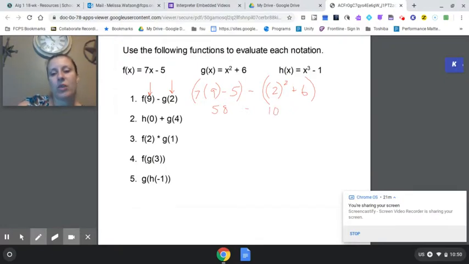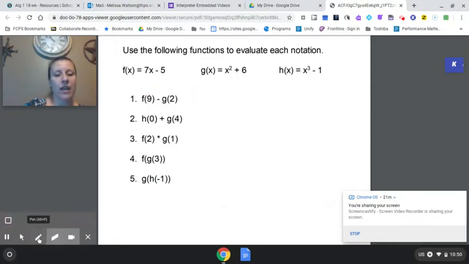We're subtracting those two values, so 58 minus 10 gives me 48 for number 1. I'm going to go ahead and erase these as we go through the different problems, since there's not a whole lot of room there. So taking a look at number 2, we see we're evaluating h of 0.